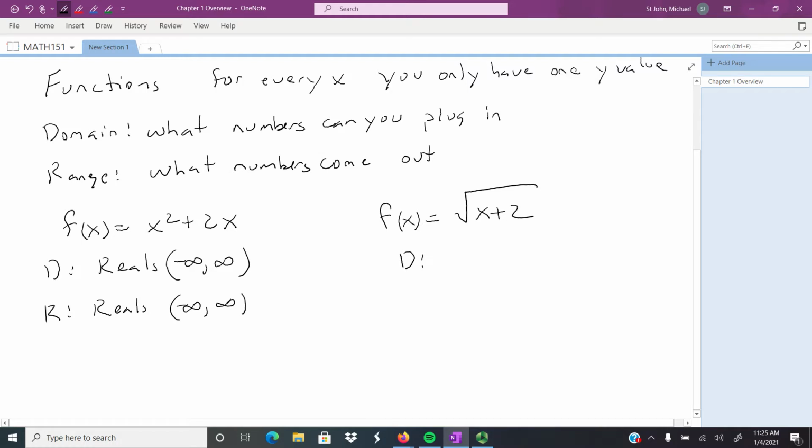So here my domain is going to be negative 2 to infinity. Can be negative 2, that's why the bracket. And then the range, because we are talking about the square root function, remember that meant we're only talking about the positive answers. And so this would be 0 to infinity for that.